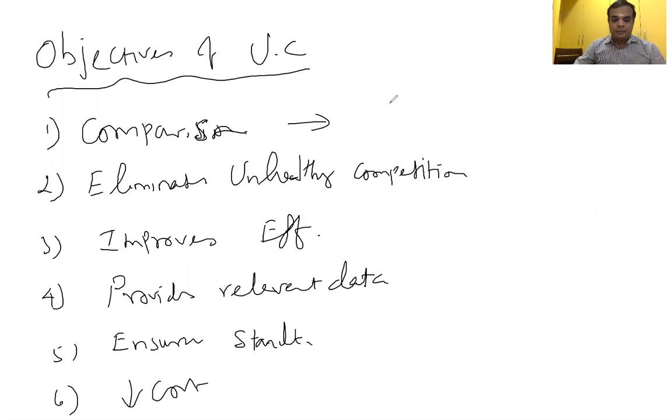Comparison: we can compare cost and other performance of the different units in the same industry. Easy for us to compare. Unhealthy competition we can avoid because all the companies in the same industry are going to have the same method.